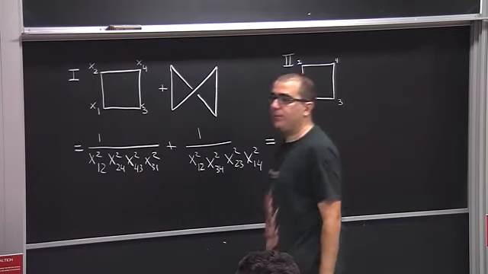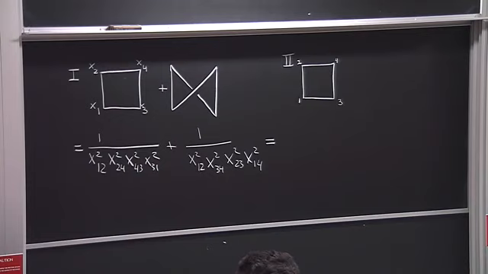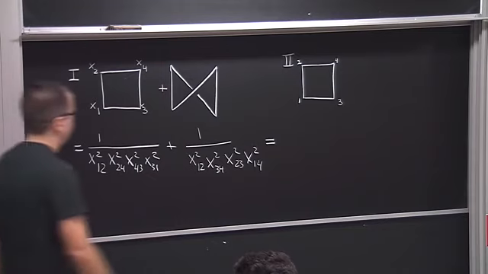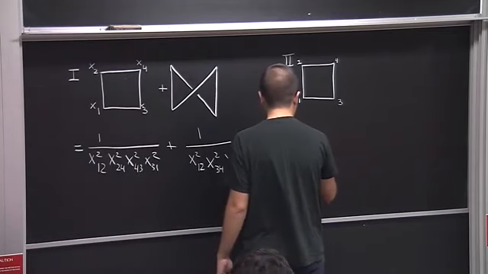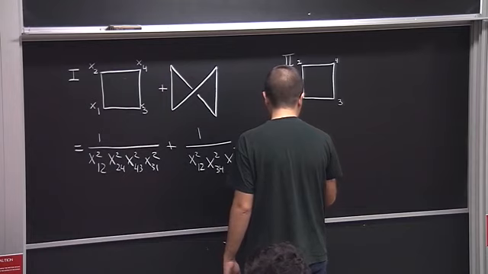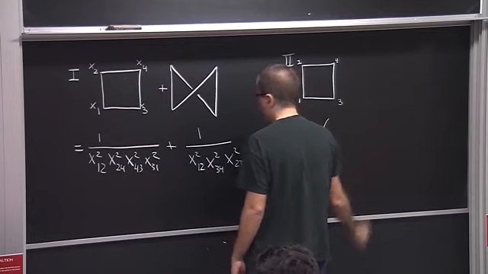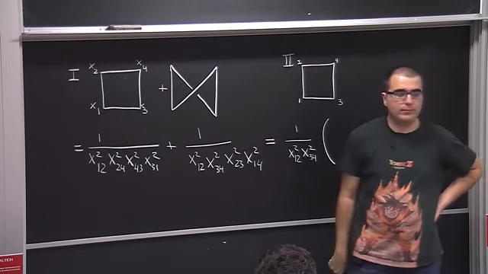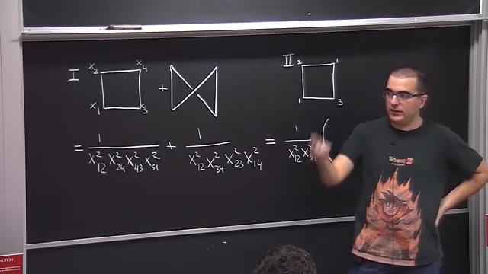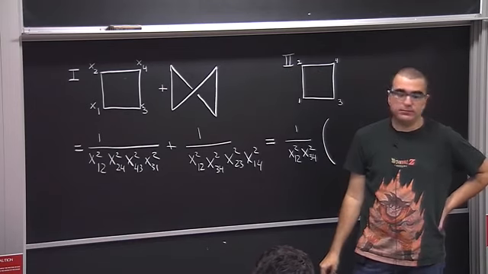And let's write it in a proper way. What's the proper way? We should factor this stuff out. What is this stuff for this particular case? Can someone tell me? What should I factor out? What is delta?